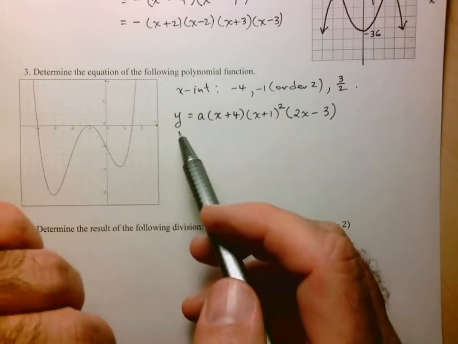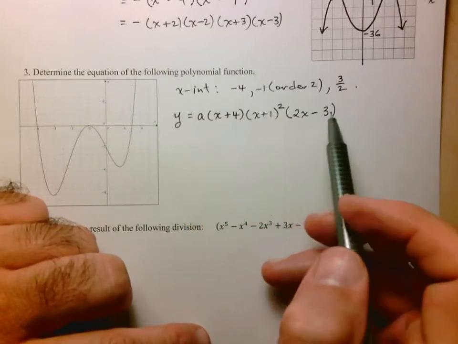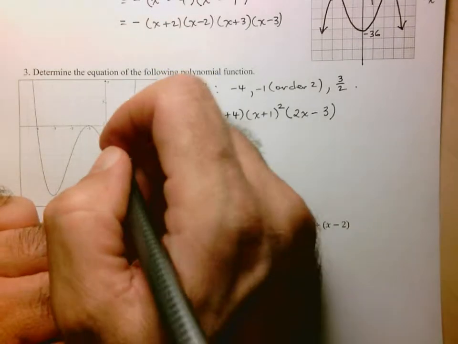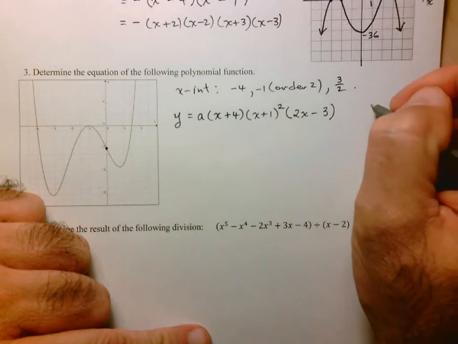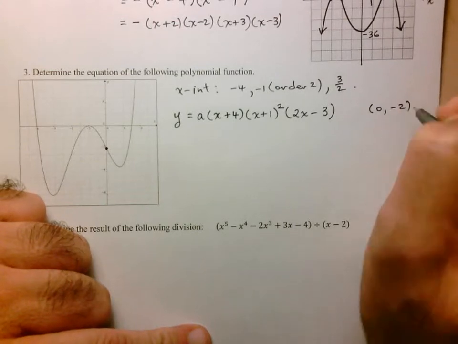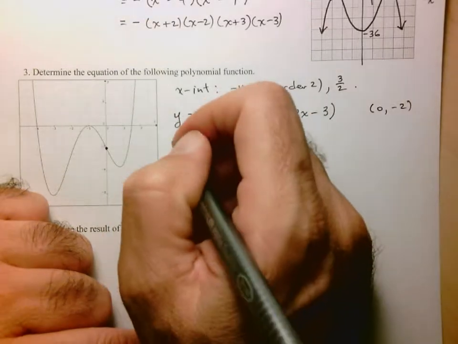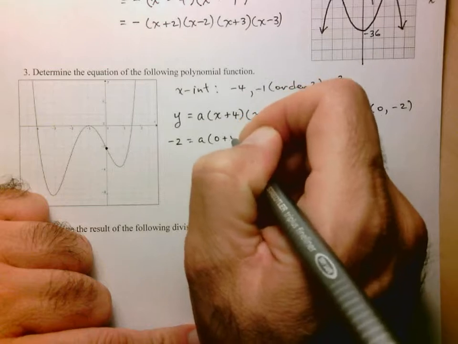So if I don't, it tells me that I made a mistake somewhere. Okay, so now I need to find another point that lies on this function, and the easiest one here would be just the y-intercept. So we know that the point (0, negative 2) lies on that function, and that's what I'm going to use to calculate the a value. So when y is equal to negative 2, x is equal to 0.